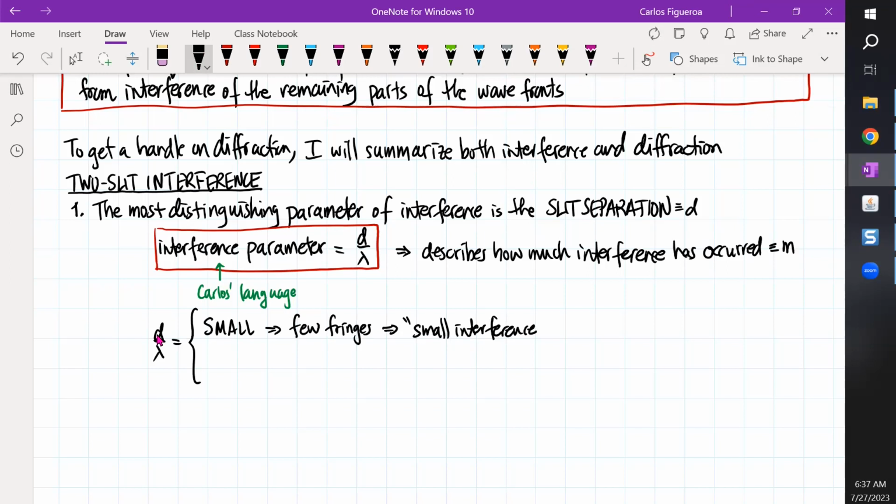So the waves are not interfering as much. On the other hand, if this value is large, then I have numerous fringes. So therefore, this has a large interference because more waves overlapped.